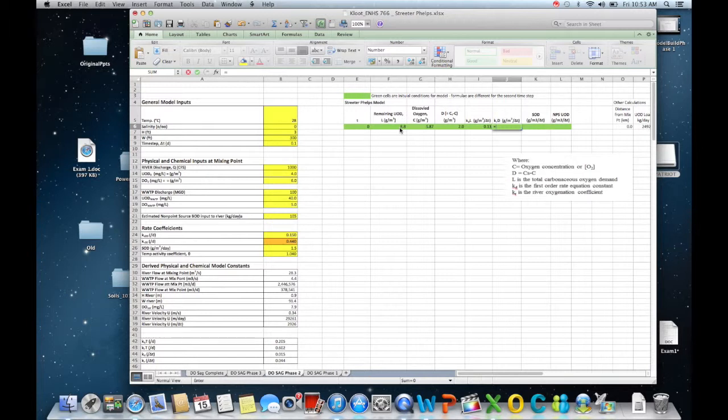And KR, reaeration rate, times our D, our delta. Remember, D is that driving force that we have for reaeration.